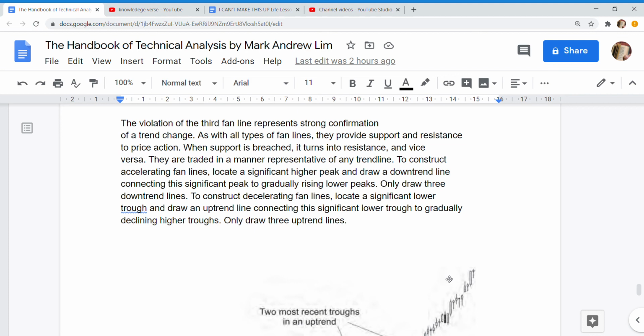To construct accelerating fan lines, locate a significant higher peak and draw a downtrend line connecting this significant peak to gradually rising lower peaks. Only draw 3 downtrend lines.